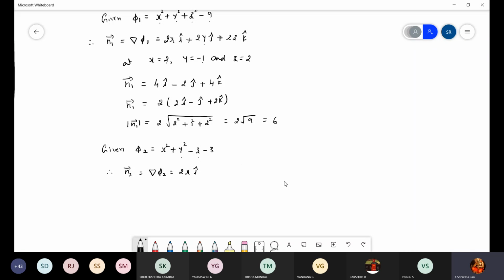Plus with respect to y, only y square is the derivative, that is 2y j cap, and with respect to z, only minus z, that is minus k cap. So this is n2. Okay, now at the same point, x equals 2, y equals minus 1, and z equals 2.